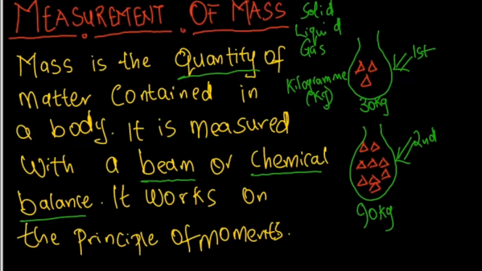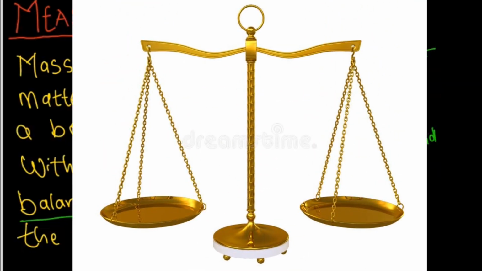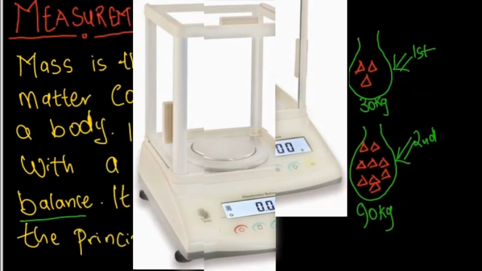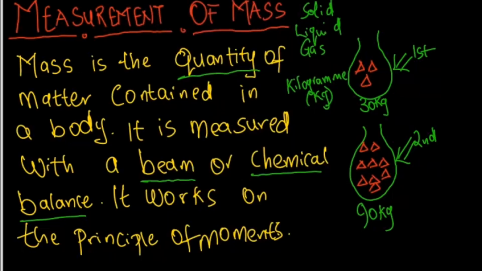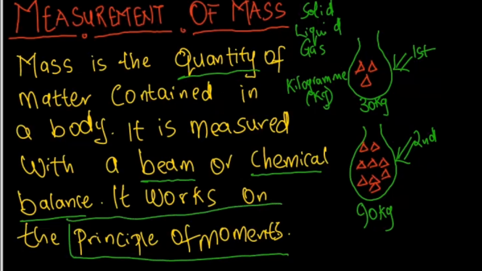So we have the beam balance for measuring mass, just as is displayed on your screen right now. Then we also have the chemical balance, which you can use for measuring mass of chemical substances that are very small. And you should know that the beam or the chemical balance works on the principle of moment.